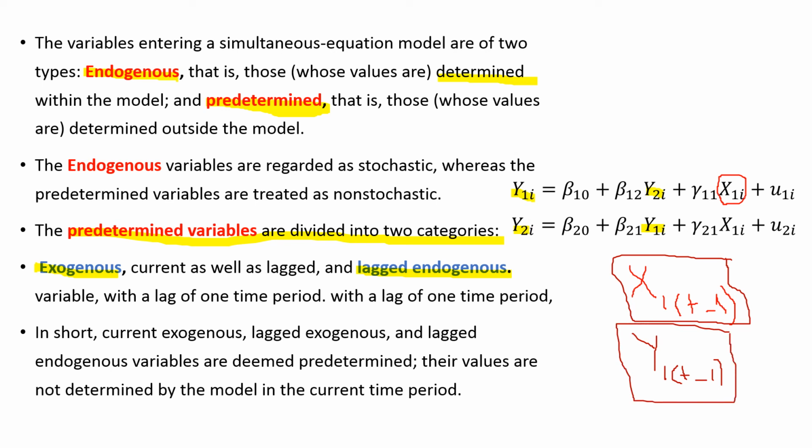So in this example, I may add another explanatory variable, plus, for example, beta 1 3 times y1, which is the dependent variable, but at t minus 1.